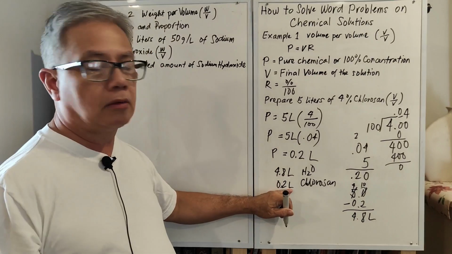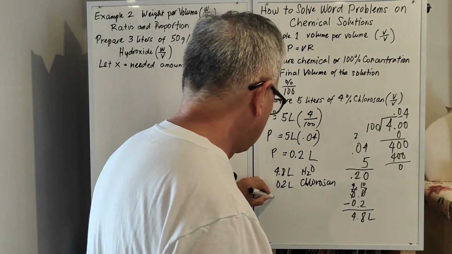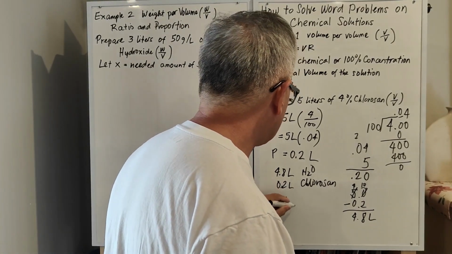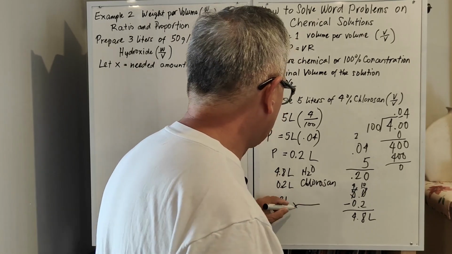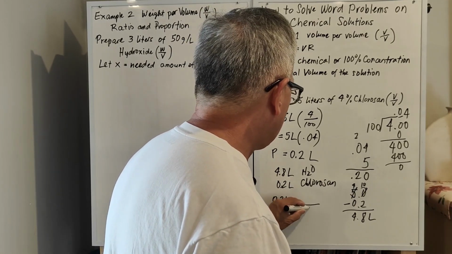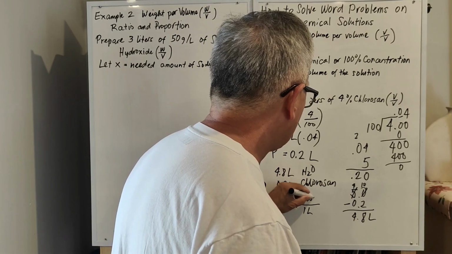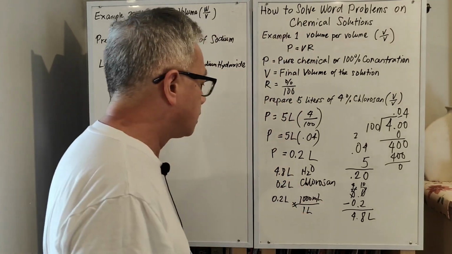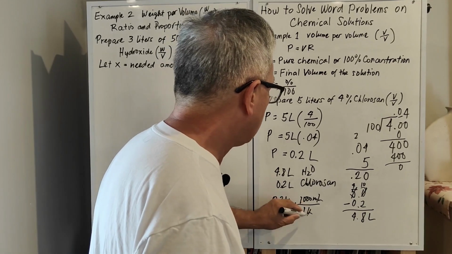If you want to convert 0.2 liters to milliliters, we multiply it by the conversion, 1 liter is 1000 ml. So the liters will cancel out.